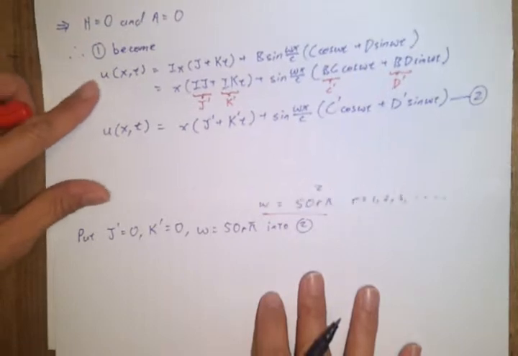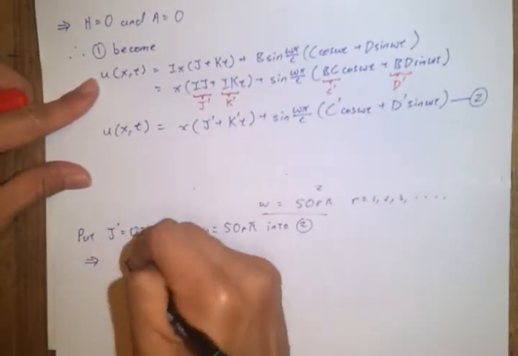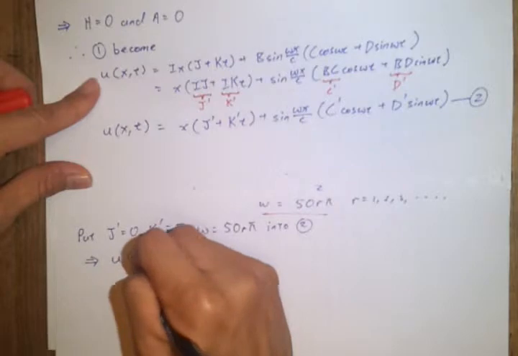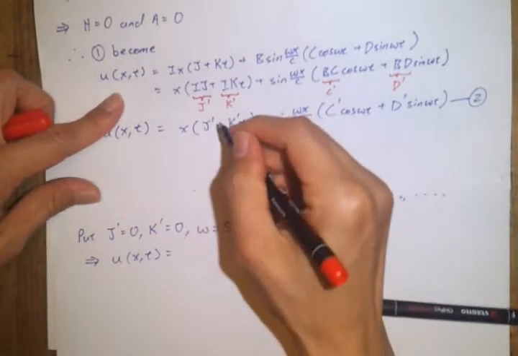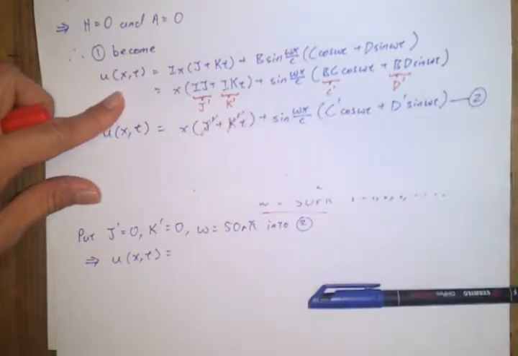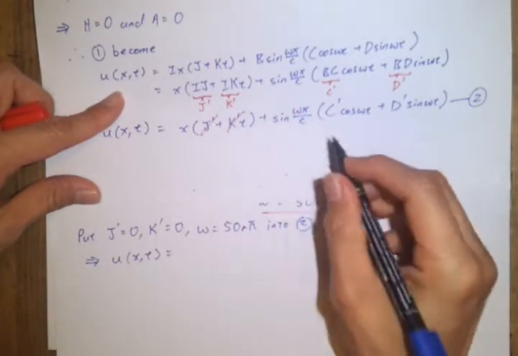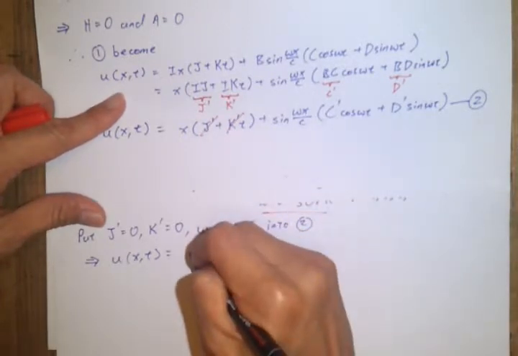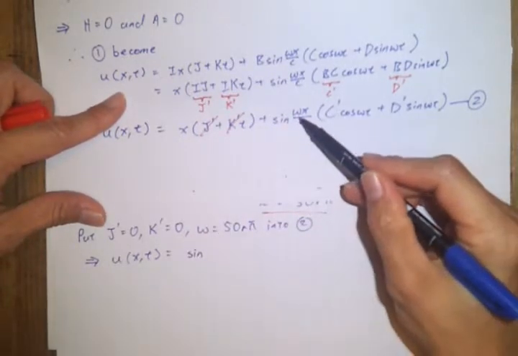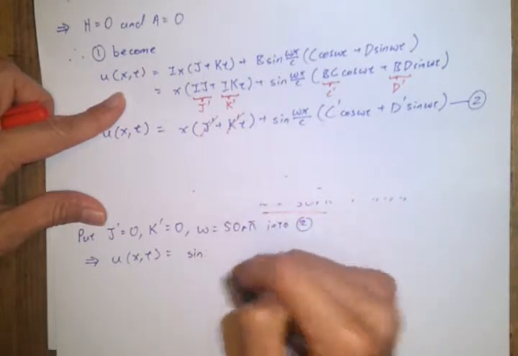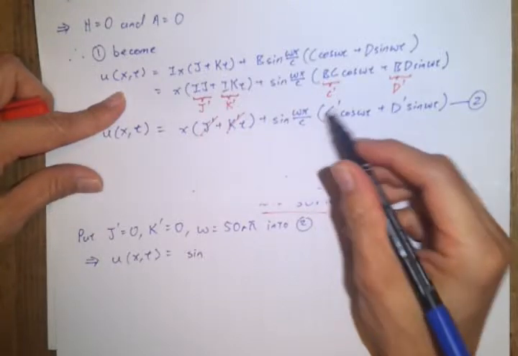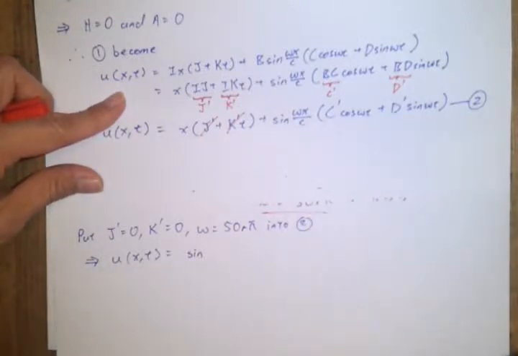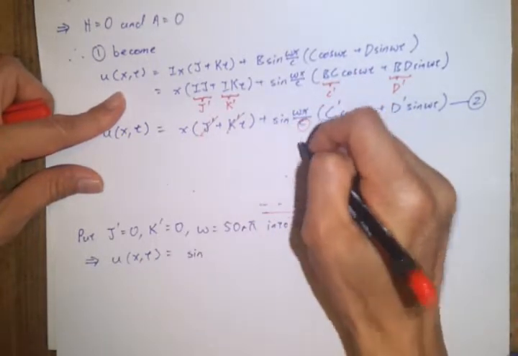Let's see what we get. So this means that my u, the new solution, this term is gone, right? j prime and k prime are 0, so no more. So what we have here is sine, omega is now 50 r pi. Remember what c is, right? c is 200.